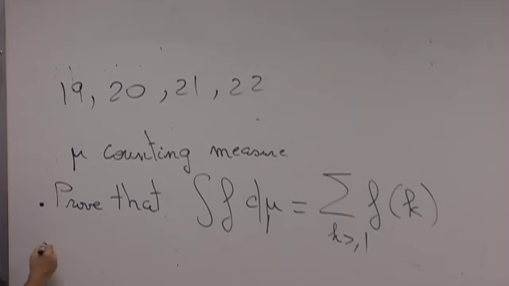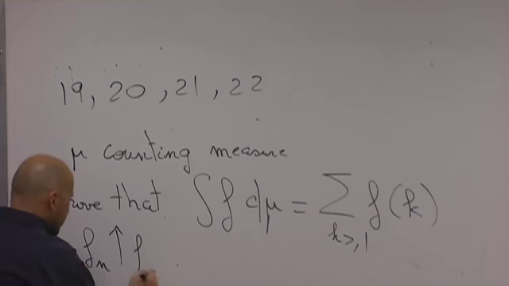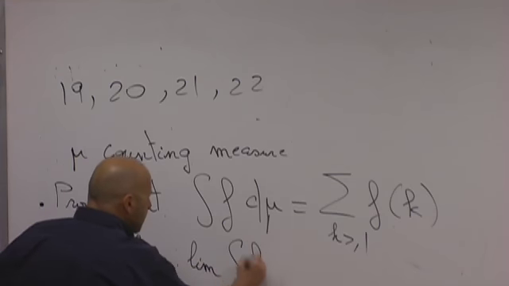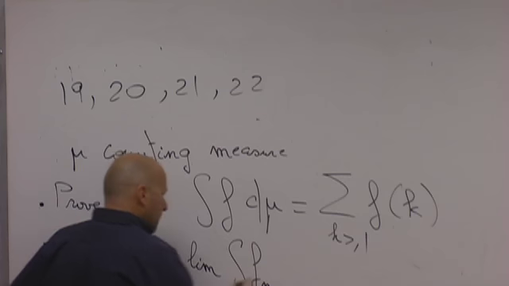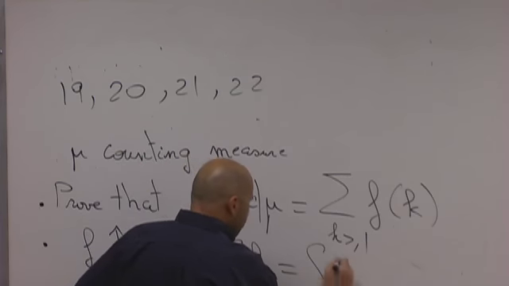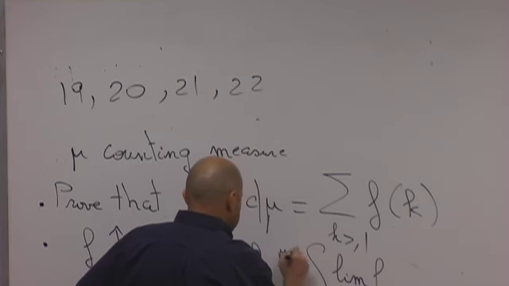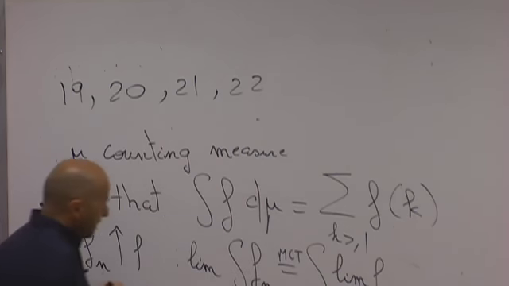Now, what is the monotone convergence theorem going to look like, for instance? Well, what the monotone convergence theorem tells you is that if Fn is increasing to some f, you can write that the limit of the integral is equal to the integral of the limit, provided your functions are positive.